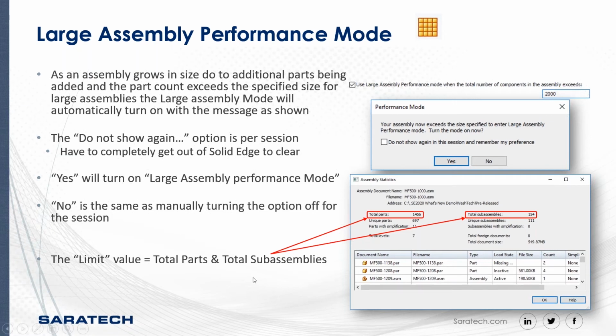Okay? So you can see here, what is my limit? Down below in the next window, it's showing me that I've got 1,456 parts, and then I've got unique parts of 697. So as I'm building my assembly, it's going to prompt me, hey, you might want to put this in performance mode.